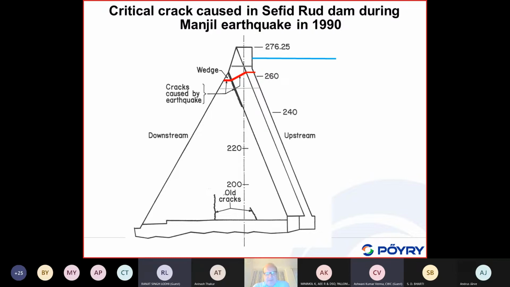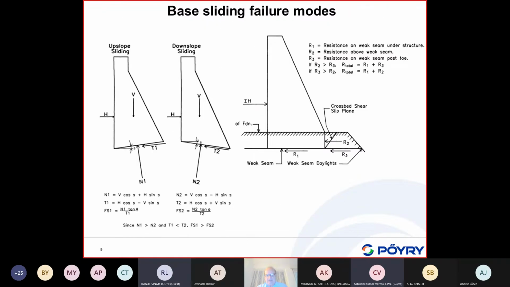We look into the post-cracking seismic safety of the dam, and not focus on the development of cracks, which people are still not really able to do. And what we have seen here, based on the Manchil earthquake, is that the weak points are lift elevations and construction joints. So these cracks will likely develop along those.